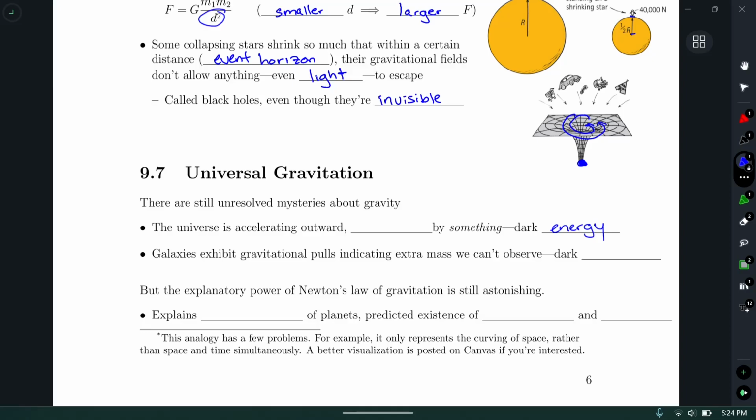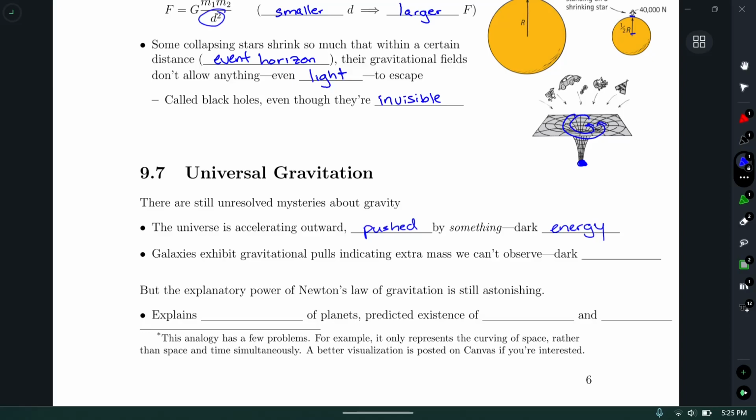It is accelerating outward, meaning everything's getting farther apart from everything else, and that's happening at a faster and faster rate. Expansion alone wouldn't indicate that there's something pushing outward, but the fact that we're accelerating outward, that does mean there's a push. And so we don't know where that's coming from. We can't find the source of the push, so we call it dark energy, unobserved energy.